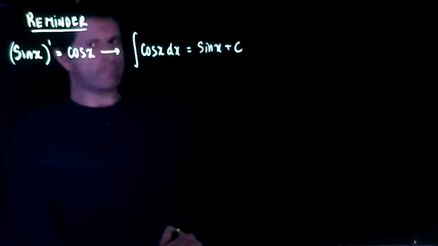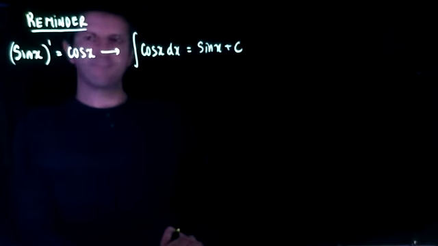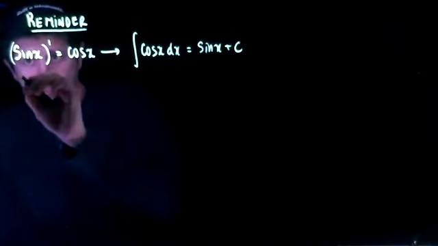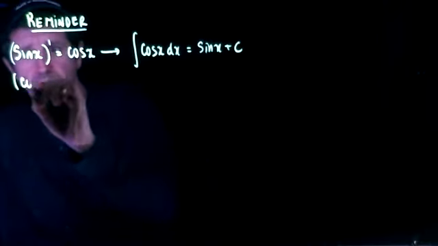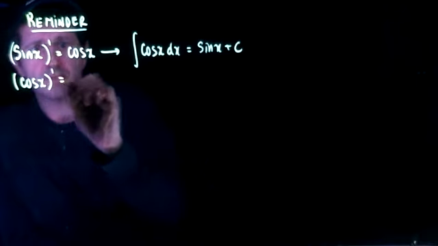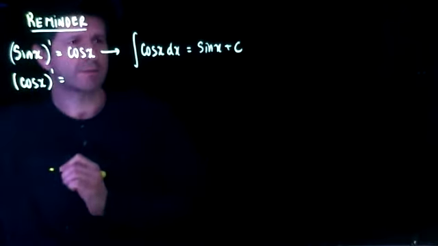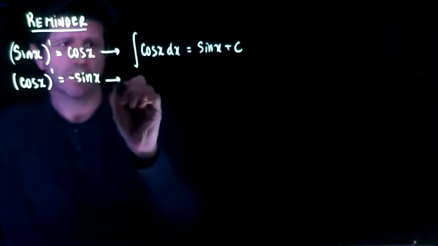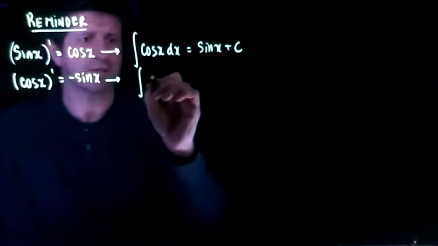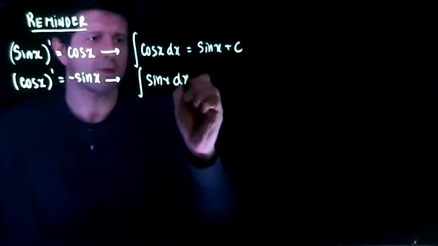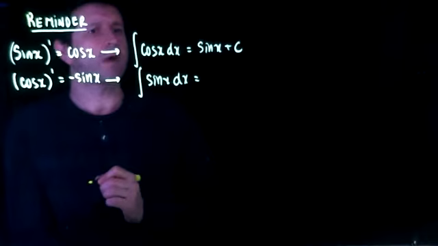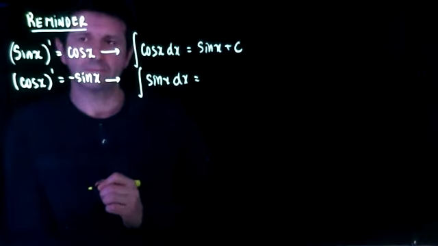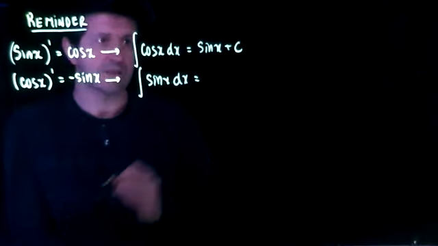That's what we just did. The derivative of cos x is, what is it? Minus sine x, negative sine x. And so the antiderivative of sine x will be what? Minus sine x plus c. Minus cos x plus c.